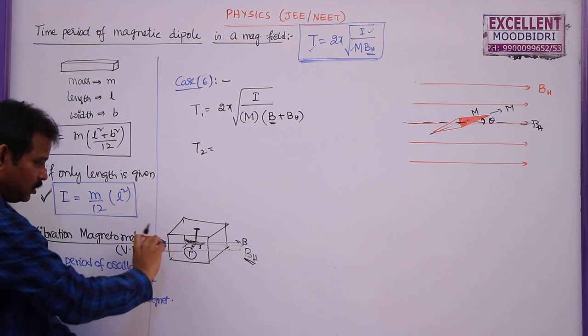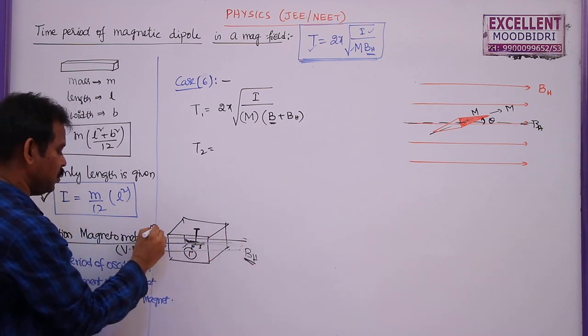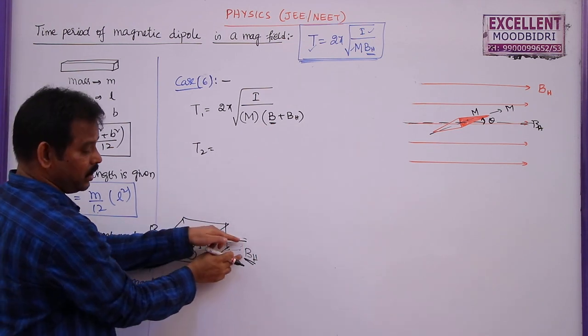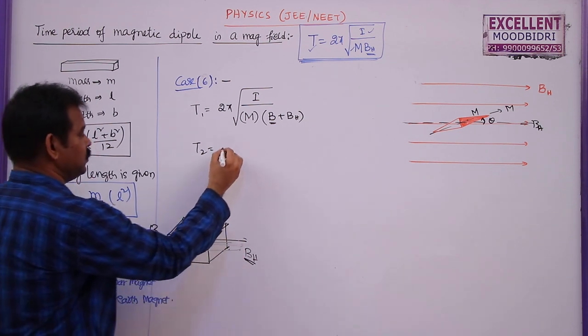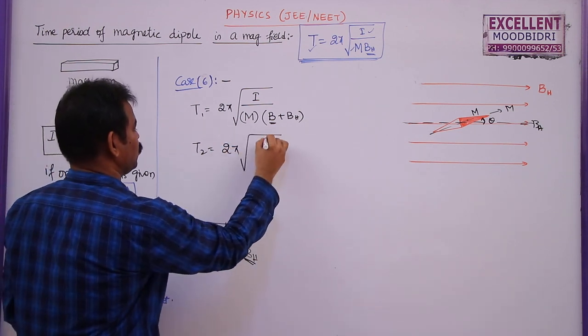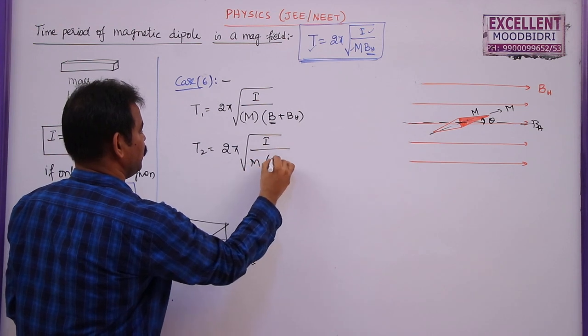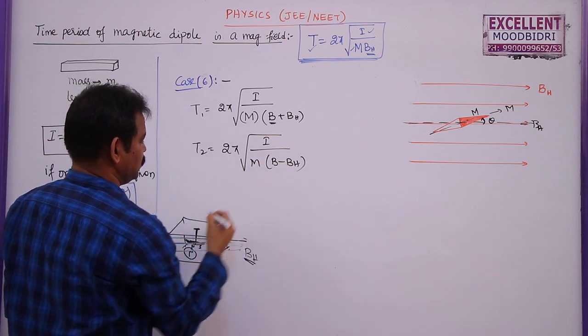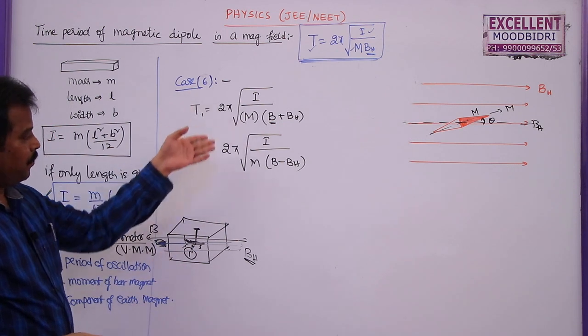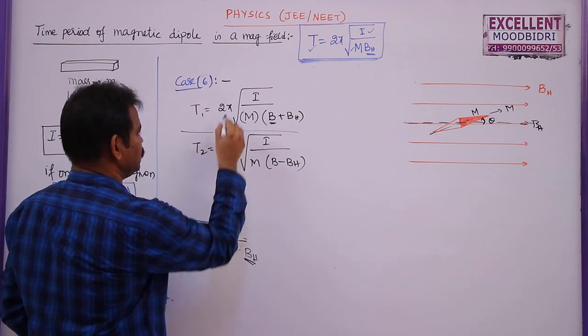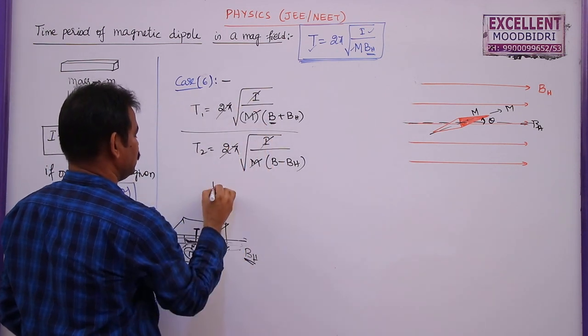Suppose the magnet is reversed, then B will be acting in the opposite direction. So previously both were aiding fields, now these are opposing fields. This can be given as T2 equals 2 pi root I by M into (B minus BH). Now by comparing these two, or squaring on both sides, this gets cancelled, this gets cancelled.